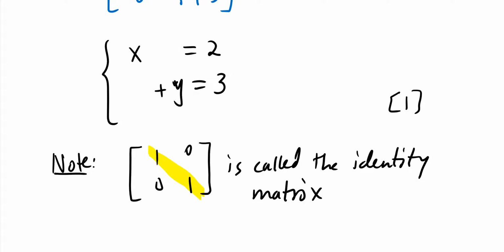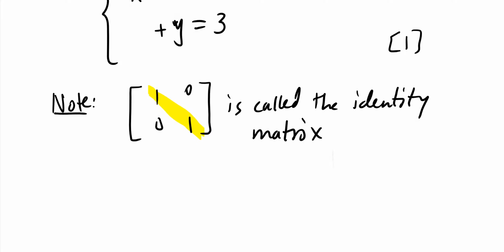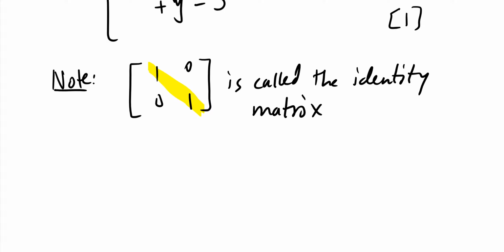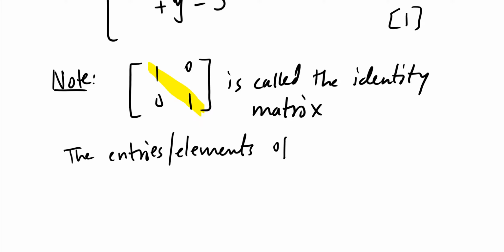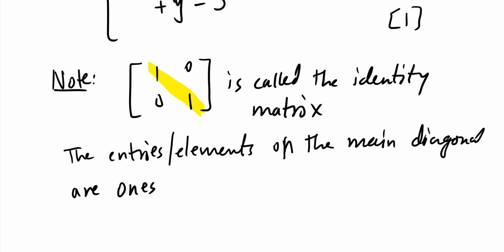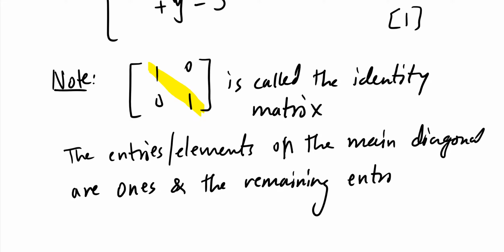The entries or elements on the main diagonal of the matrix must be 1s, and everywhere else the remaining entries are zeros.